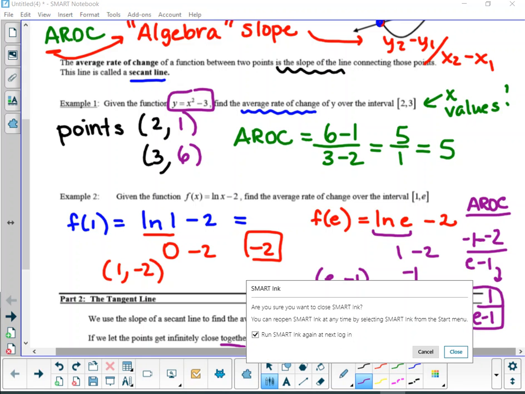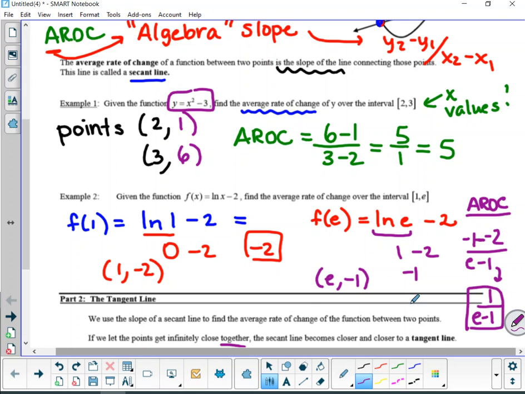What a fun answer. Actually, y minus y and x minus x. I did negative 1 minus negative 2, so I did e minus 1.